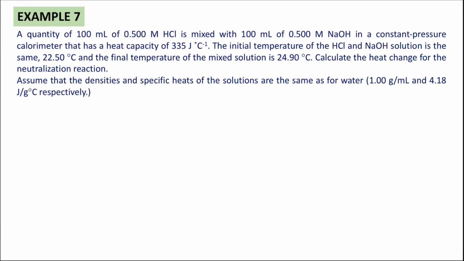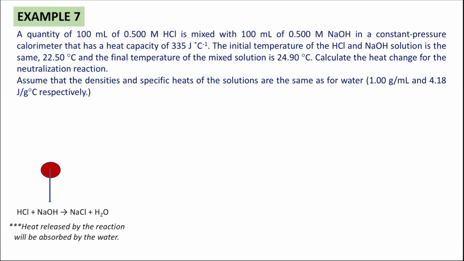So example 7, dia bagi a quantity of 100 ml of 0.5 molar HCl, dia mix dengan NaOH in constant pressure calorimeter, ada heat capacity 335 joule per degree Celsius. So apa yang kita buat? Kita keluarkan information. So kita ada calorimeter, di mana dekat tengah-tengah kita ada reaction untuk HCl dan NaOH menghasilkan NaCl dan H2O.